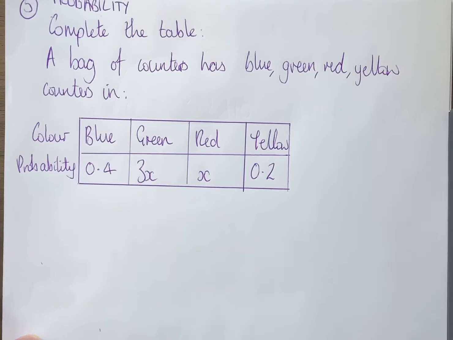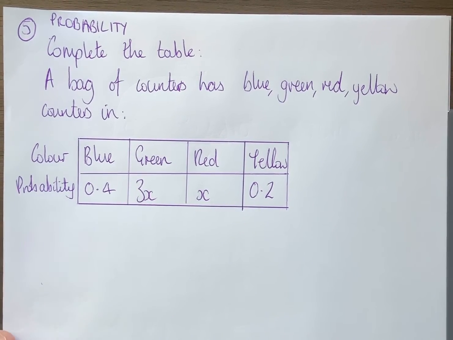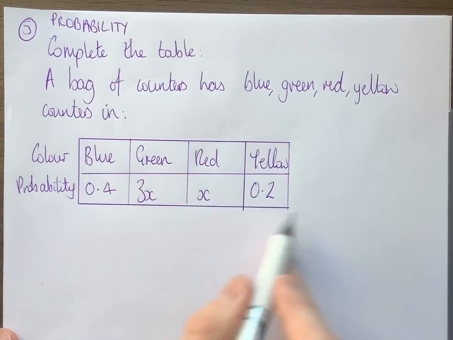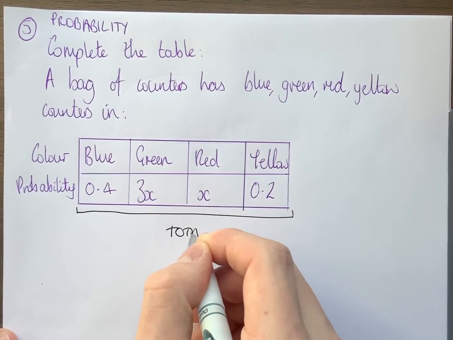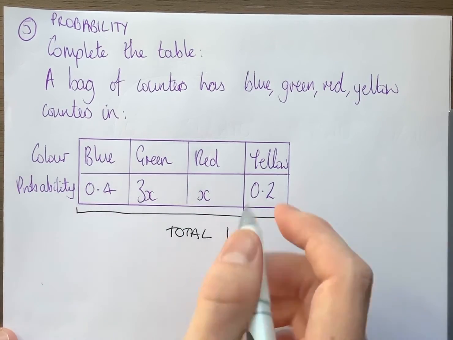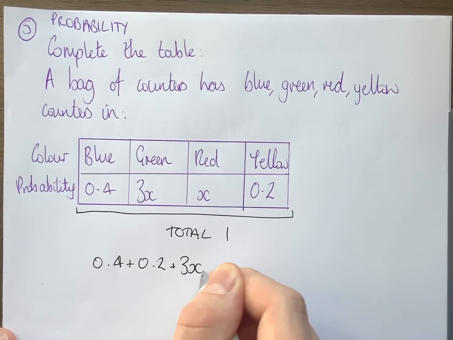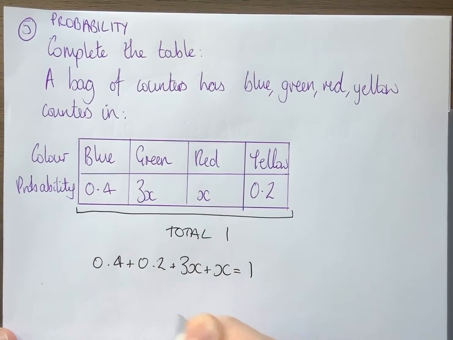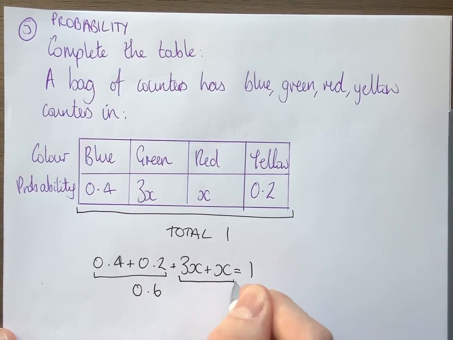So question 5. Complete that table. So we know that the total of those probabilities must be 1. So these must add up to 1. So if I add together the bits I know, 0.4 plus 0.2 plus 3x plus x must equal 1. Well, that part is 0.6, and that's 4x.